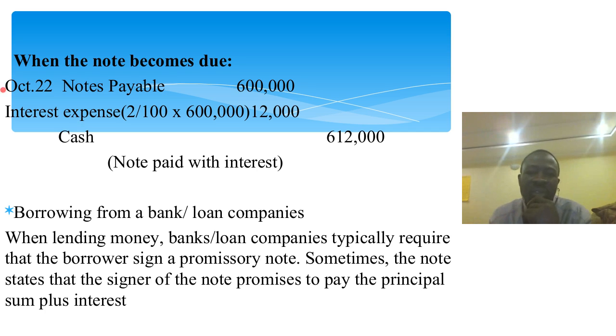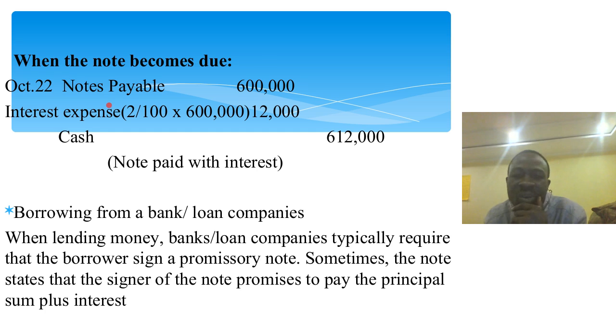Since we have 2 months, the interest payable will be 2%. So 2 out of 100 times 600,000, and therefore the interest expense will be 12,000. So the Hard Rock Company will now pay the note, which is 600,000 plus the 12,000.